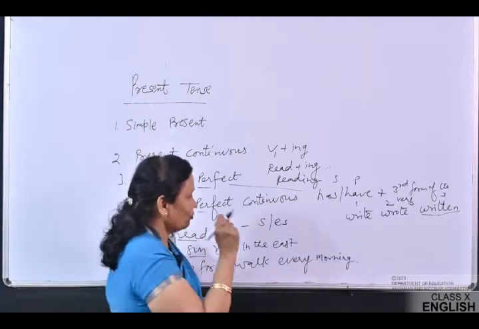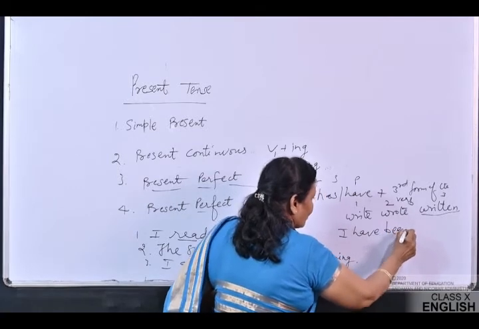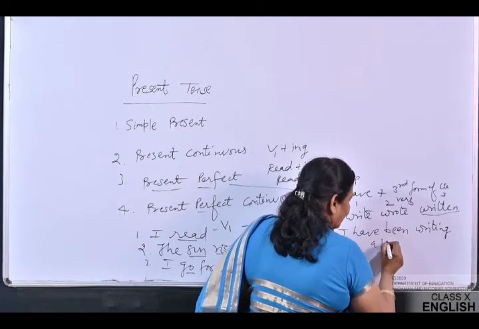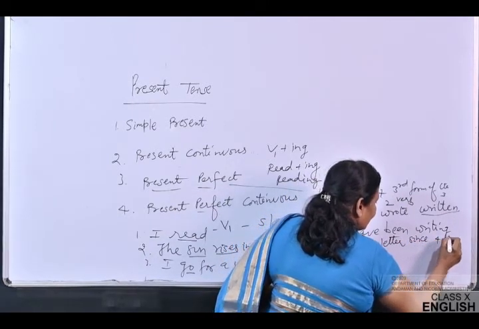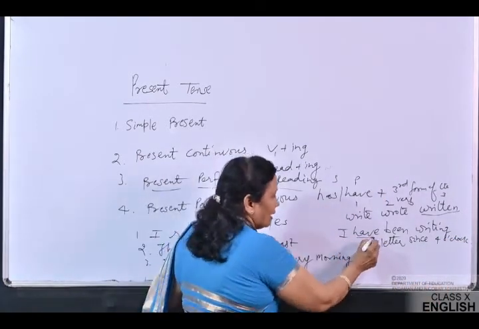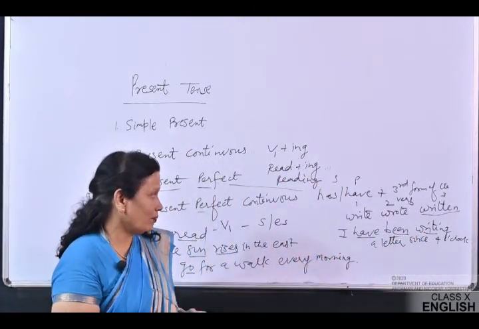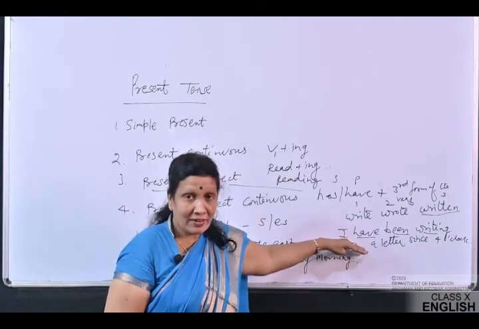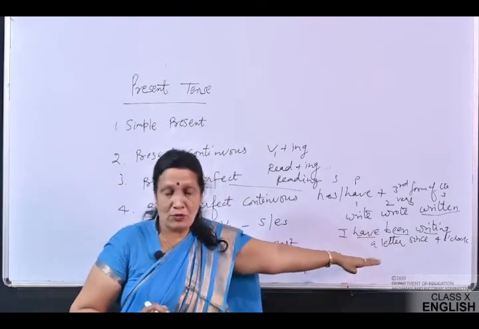So, for example, I have been writing a letter since 4 o'clock. Have been plus verb plus ing form. That means I started writing the letter and I am still writing the letter.